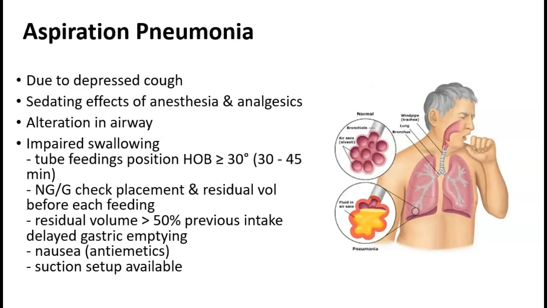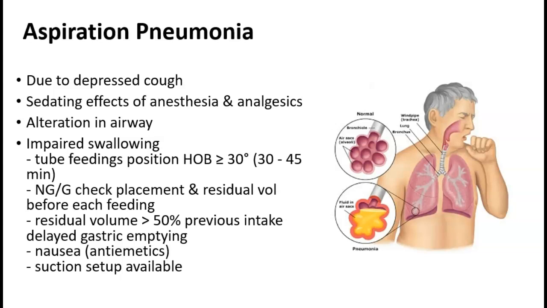So remember, if they have tube feeds, they have to have the head of the bed elevated at least 30 degrees. We check their tube placement and residual volume. Some say even, absolutely before each feeding, but what about continuous feeds, right? So at least every 4 hours. We may need to give them medications, of which we've talked about some under the cancer section.